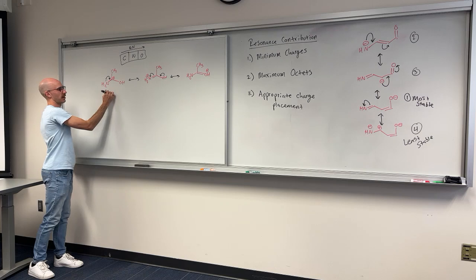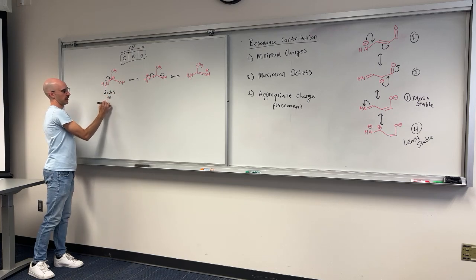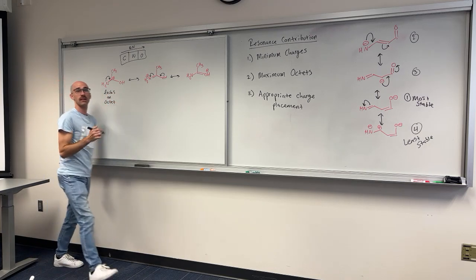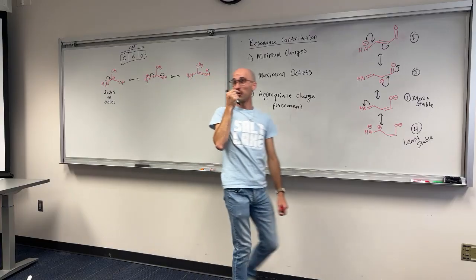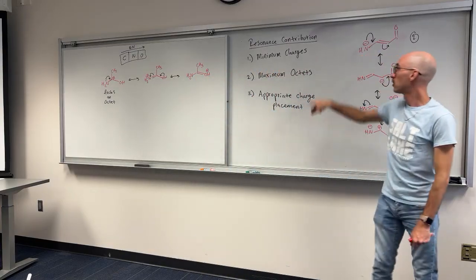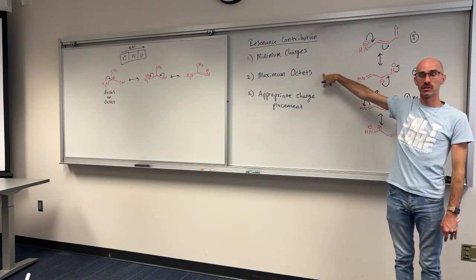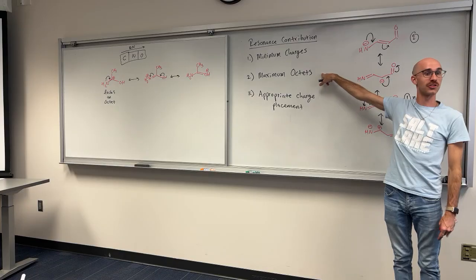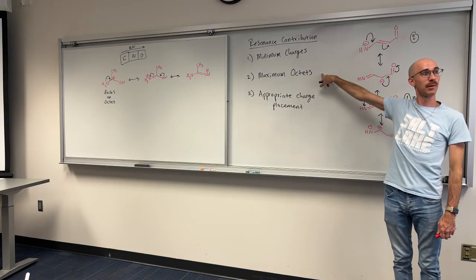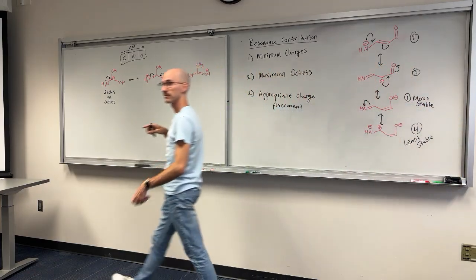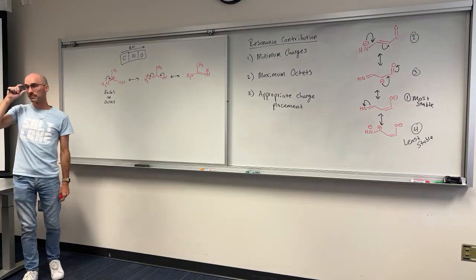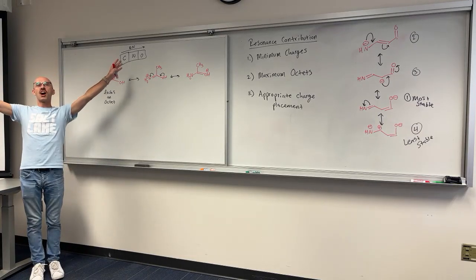It does lack a pi bond, but it also lacks an octet. Carbon there only has 6 electrons around it, which means rule number 2, that first structure does not have maximum octets. So it's maximum octets of carbon specifically, or just across the molecule?